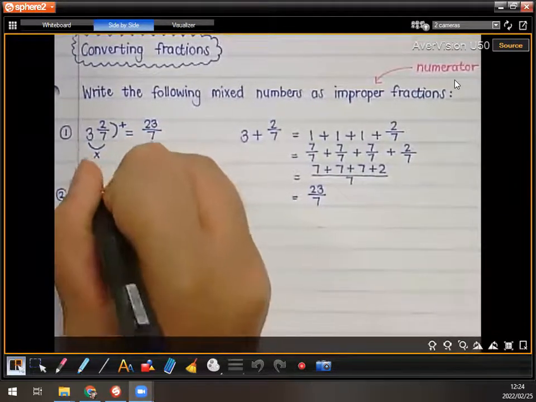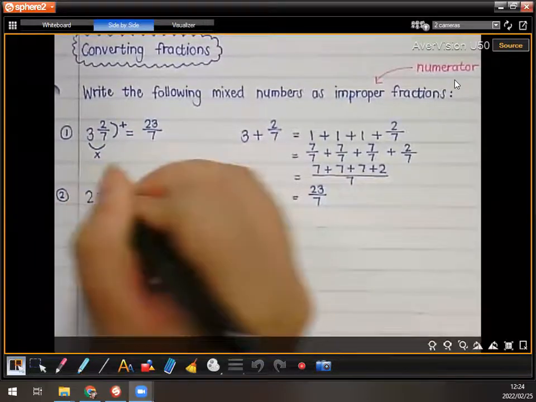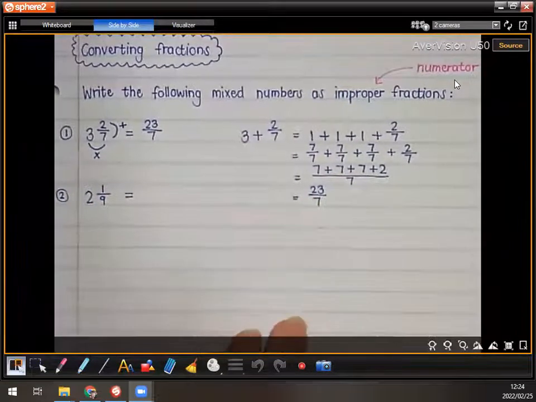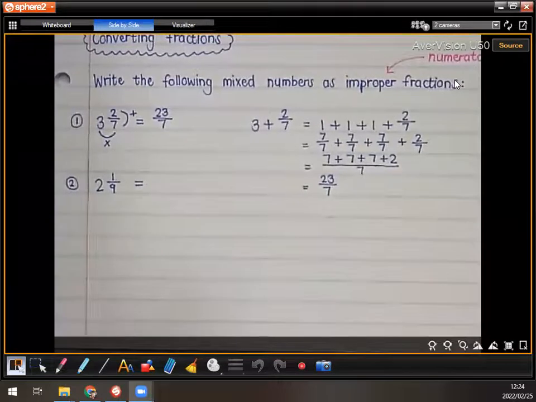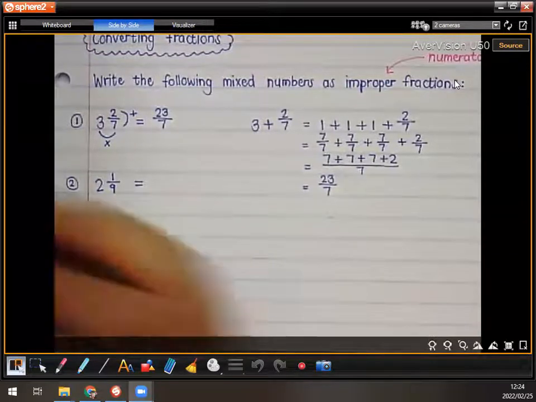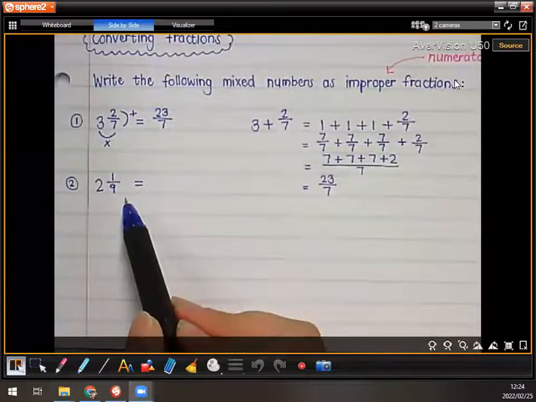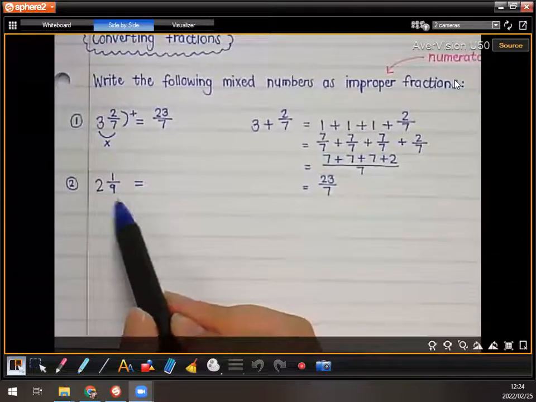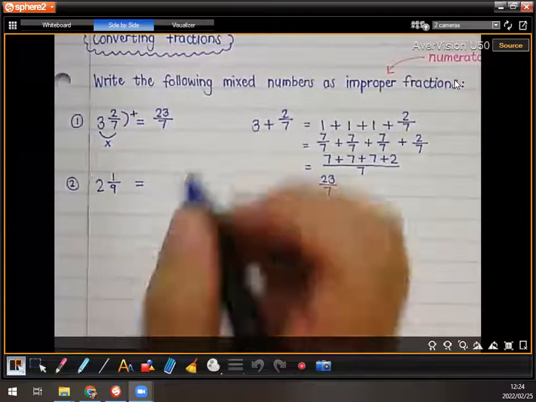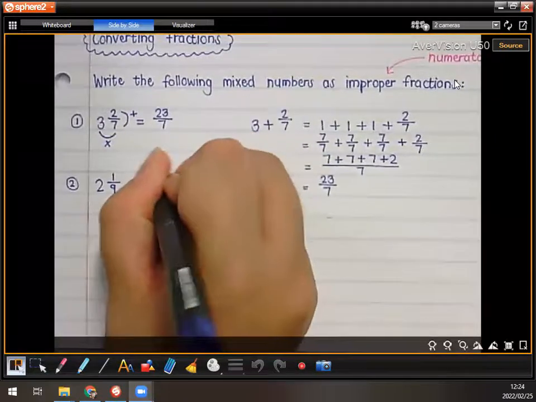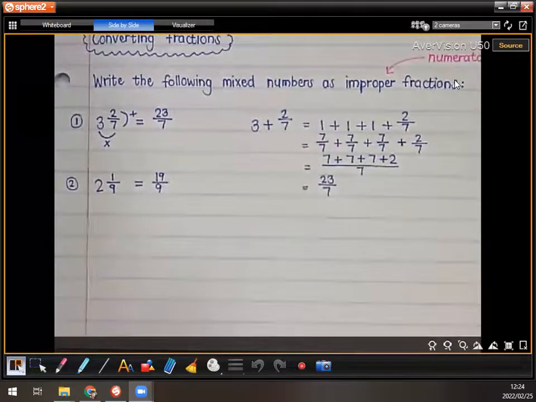2 and 1 over 9. So you're going to say 2 times 9, 18, plus 1, 19, over 9. You take that same denominator that you had.